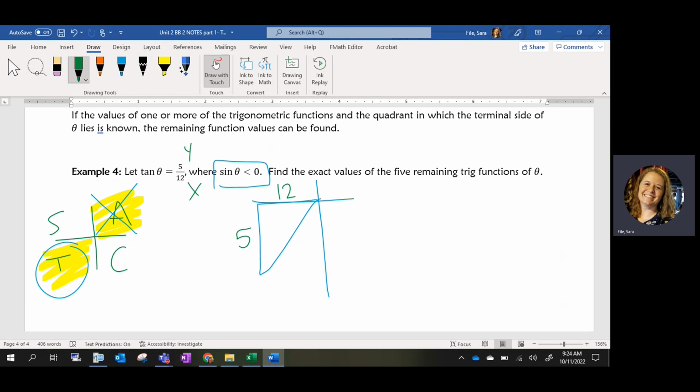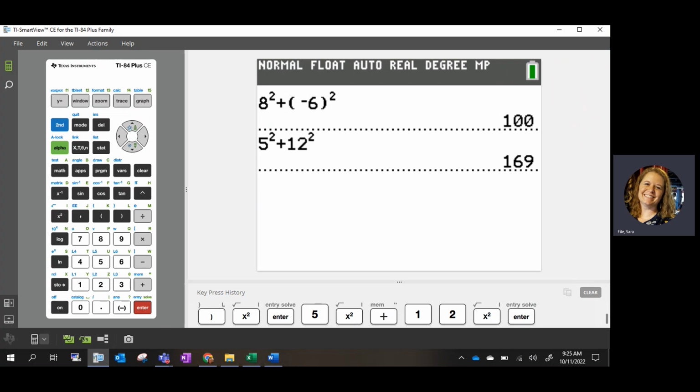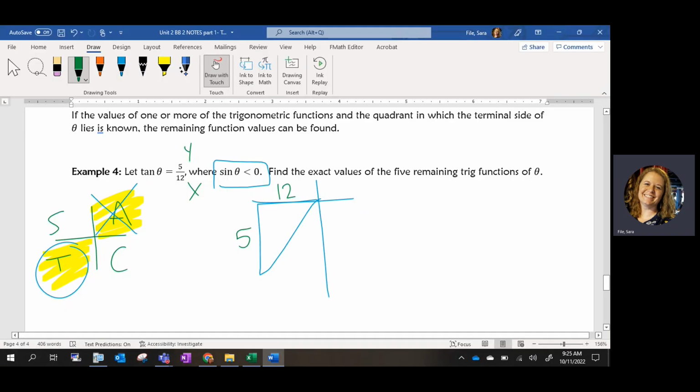And then I would do Pythagorean theorem to find my r. And again, you may or may not recognize all of your Pythagorean triples, but this one comes out as a triple, as the square root of 169 is 13. So this is a 5, 12, 13. So then you could give your other 5 ratios from there.